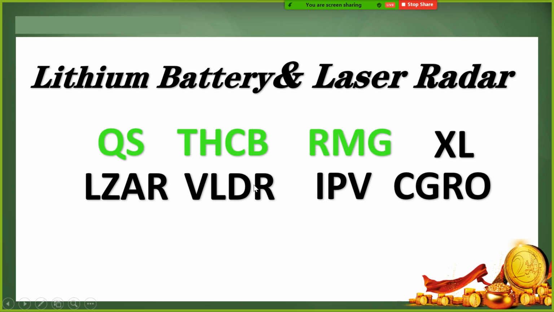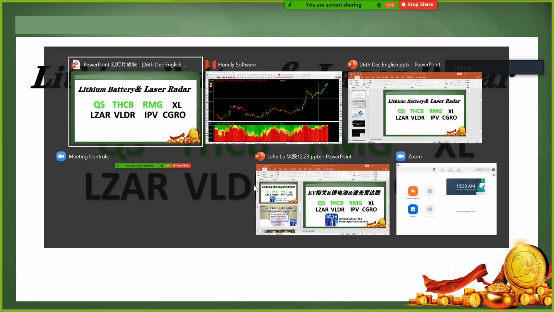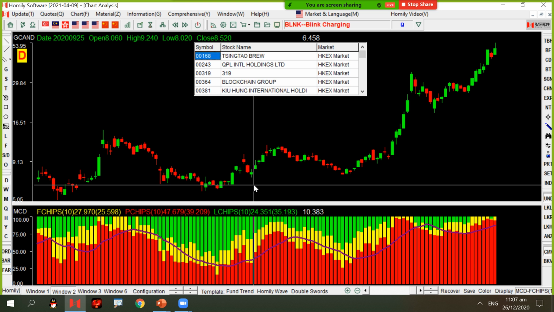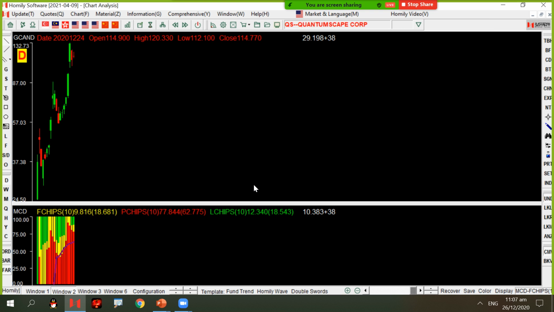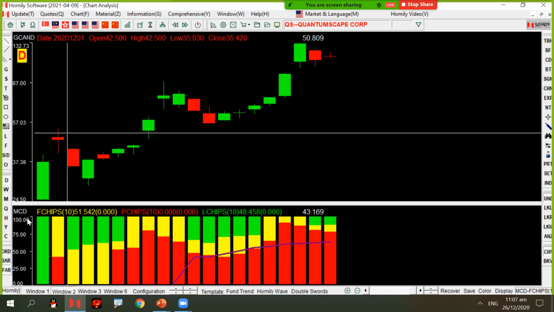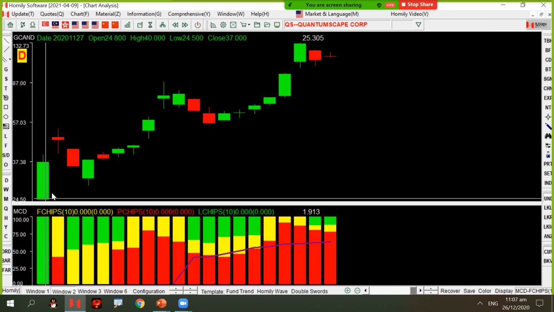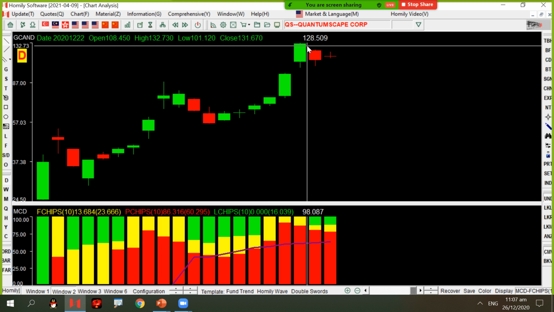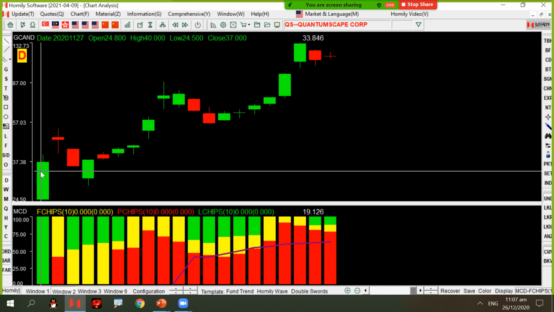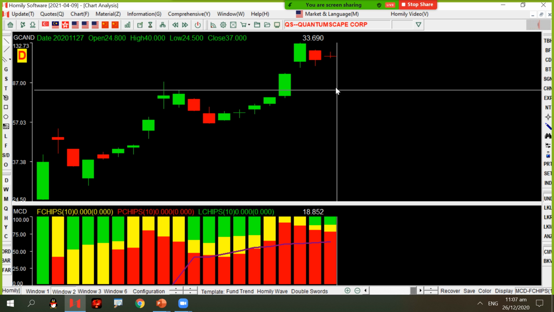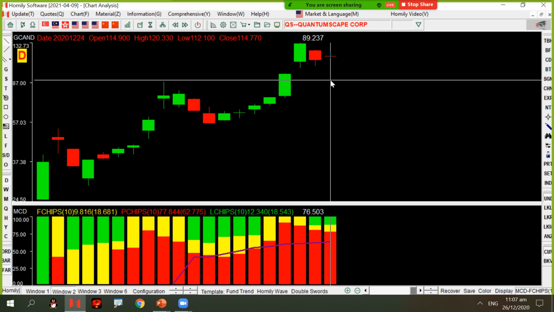We can check the QS. It's a new one, for the new lithium battery. You see, the price went all the way from $24. Now the high point is already $130. So the first day is the 27th November. Now it's the 26th, right? Just 1 month.